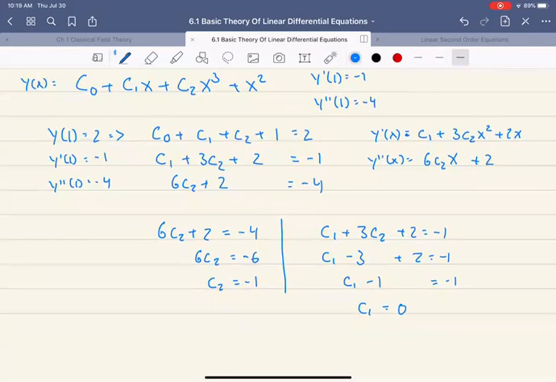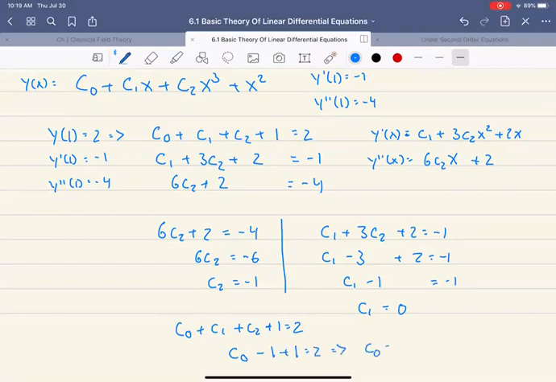Now C0 plus C1 plus C2 plus 1 equals 2. I know C2 is negative 1. I know C1 is 0. So I'm going to have C0 minus 1 plus 1 equals 2.